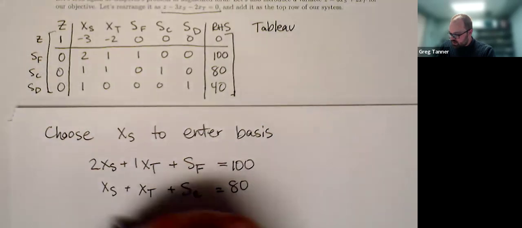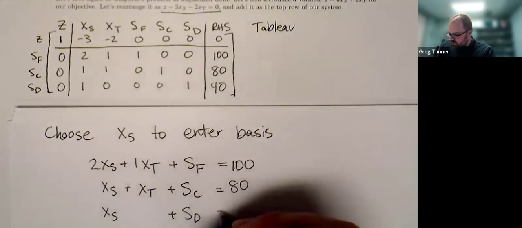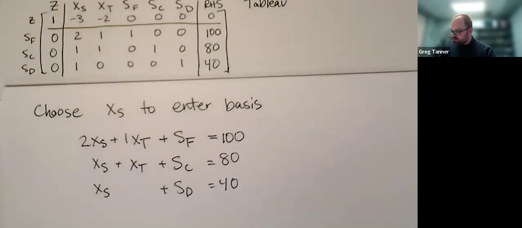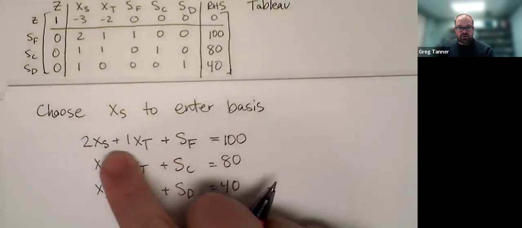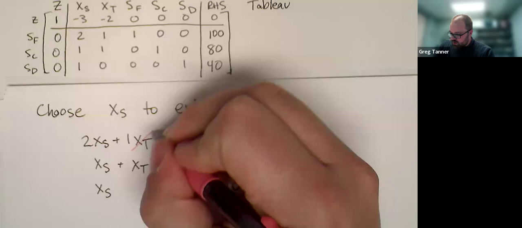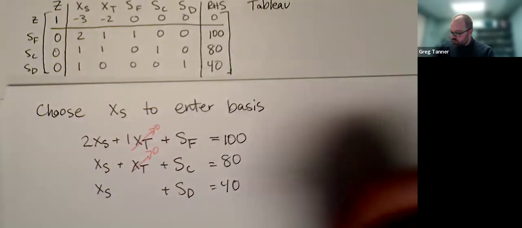And then we've got xs plus sd equals 40. Okay, let's look at this first constraint. The first thing we can do is we know that we're going to increase xs, but xt is going to stay non-basic. Okay, and so we're going to cross out these xt's and we're going to put 0 there.